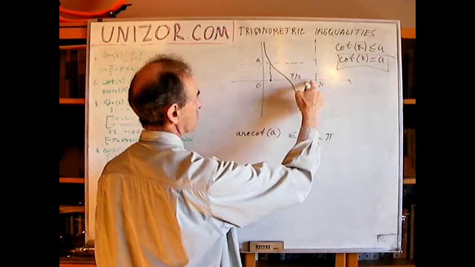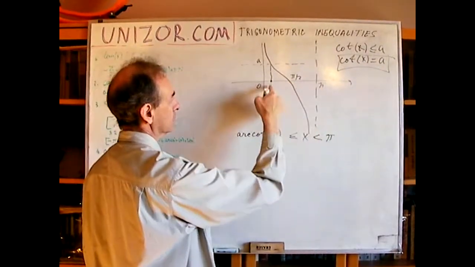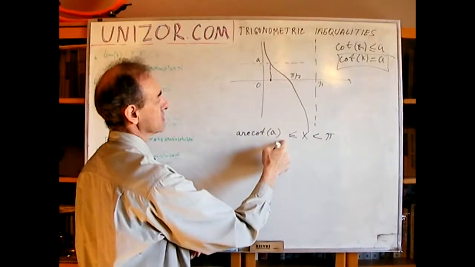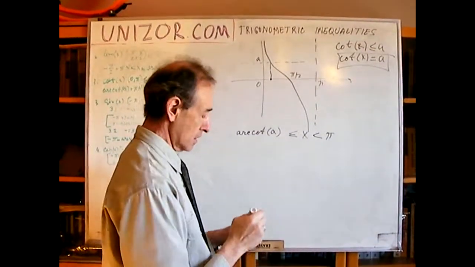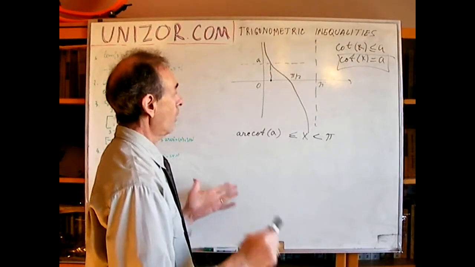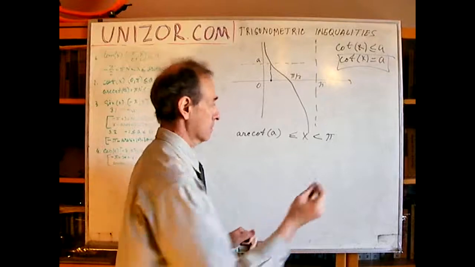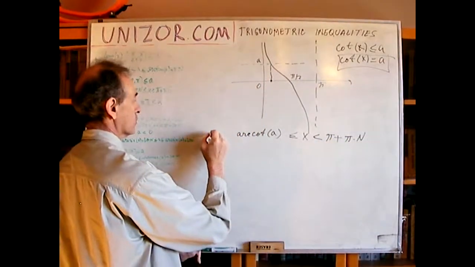From this to this, not including the boundary. So the endpoint is not included here, but it is included in this case because there is an equal. All I have to do right now is, as before, add pi n to both sides.